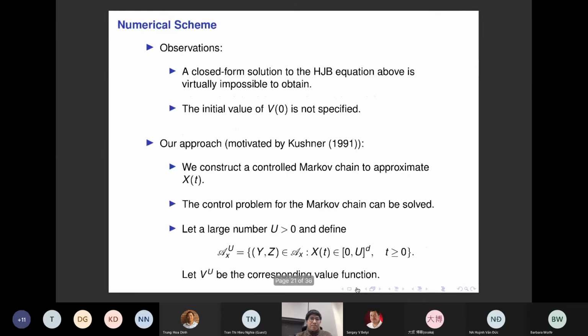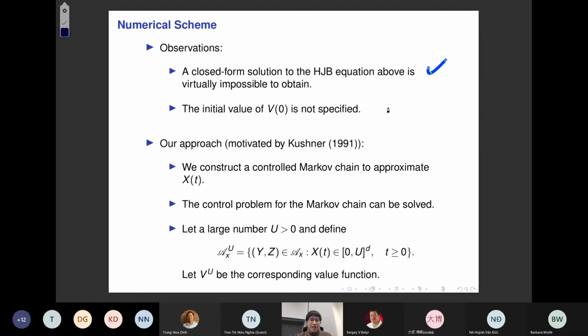Our first observation is that a closed-form solution is impossible to obtain except for very special cases, and even then it is difficult. We can only provide a few special cases.